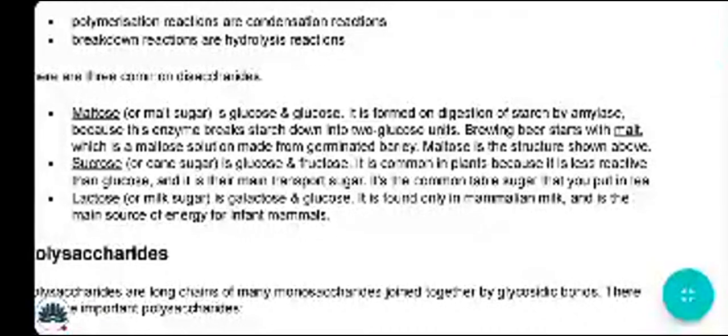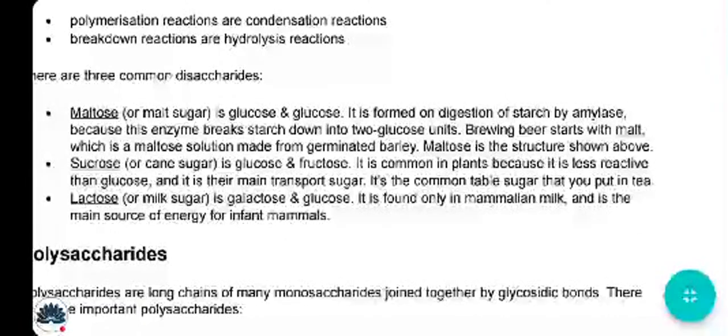Lactose, or milk sugar, is galactose and glucose, or more simply, monomer plus monomer equals dimer. Galactose plus glucose equals lactose. It is found in mammalian milk and is the main source of energy for infant mammals.